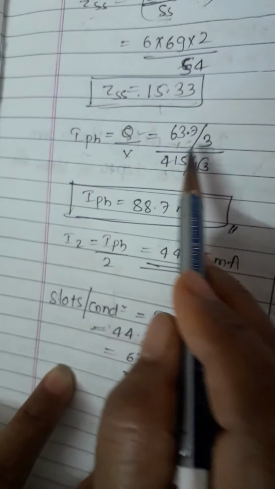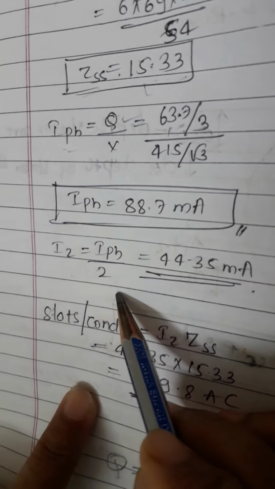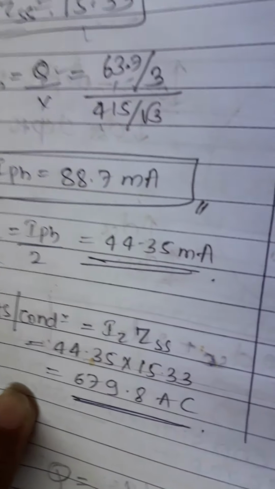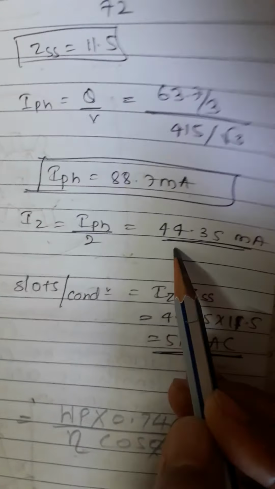So we got IPH is 88.7 ampere. Similarly here also IPH we got 88.7 ampere. Now IZ is nothing but IPH upon 2 parallel paths, so we got 44.35 ampere, and here also IZ is 44.35 ampere.